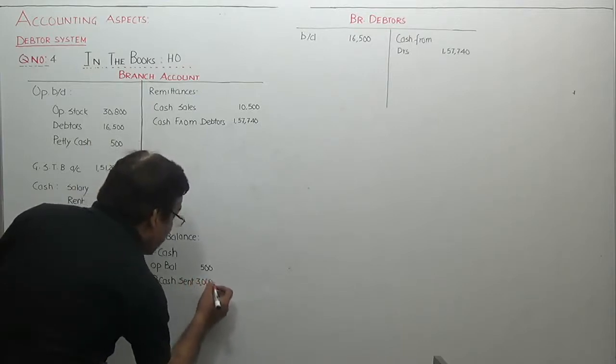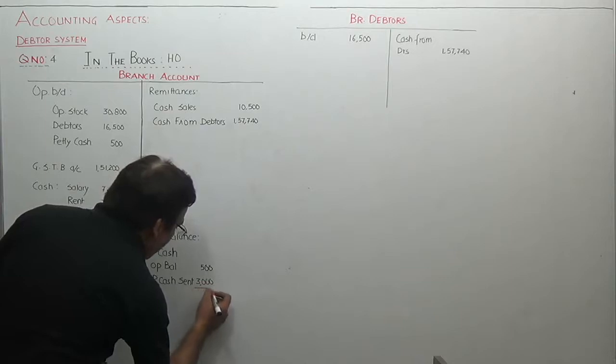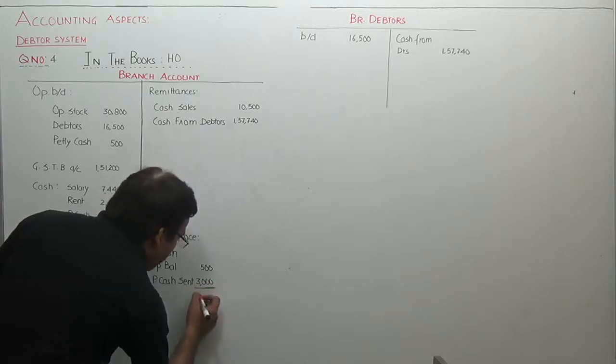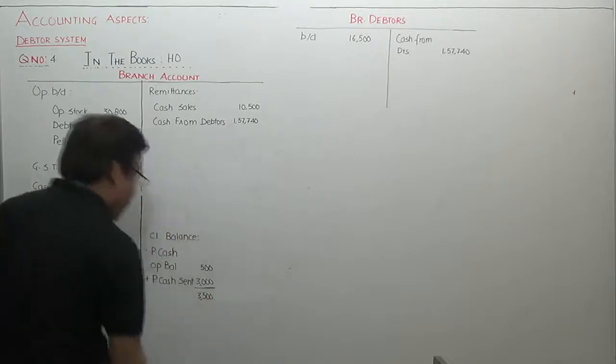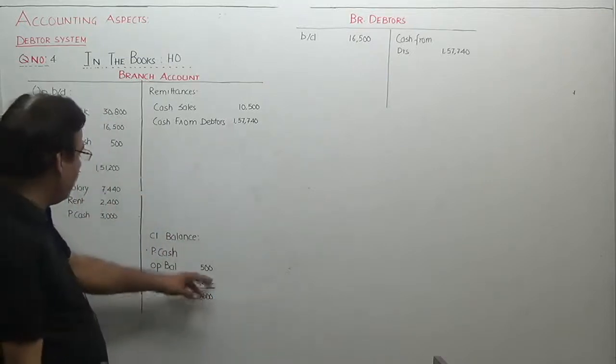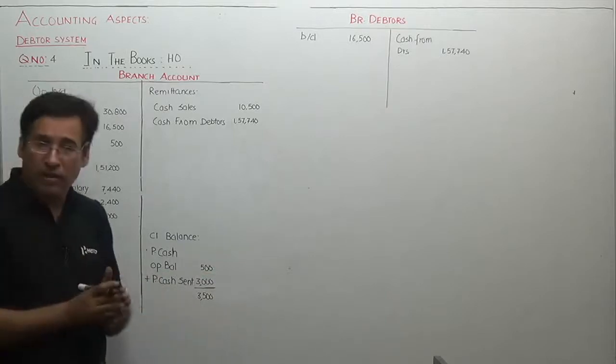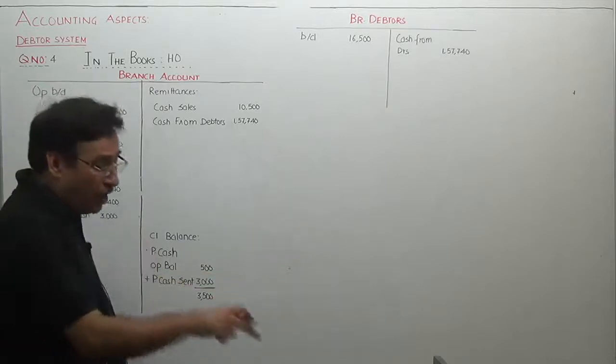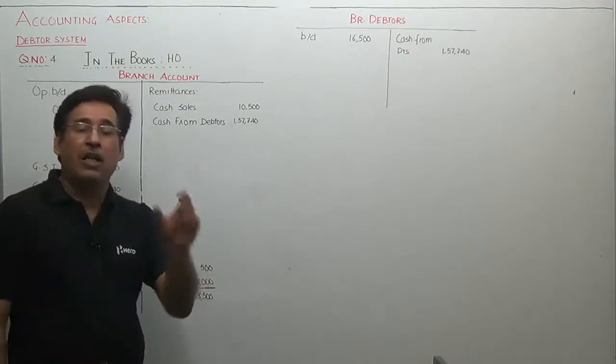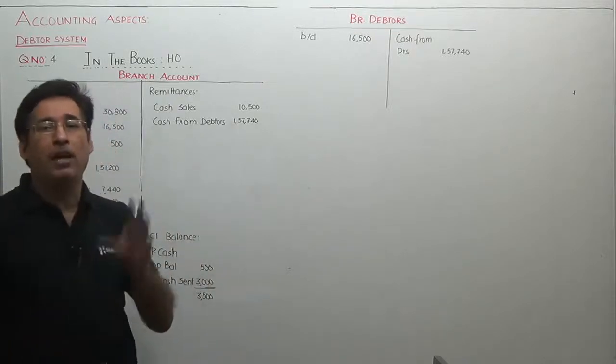So it means now total petty cash available with the branch manager is 3,500. Isn't it? Total petty cash available with the branch manager is 3,500. Is it clear?